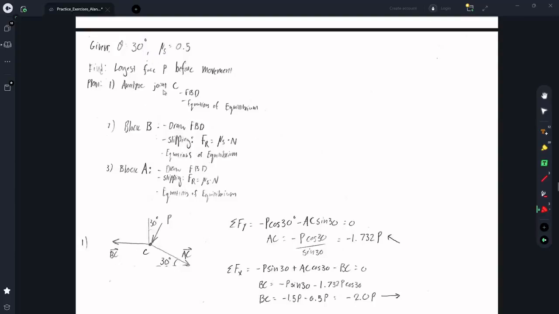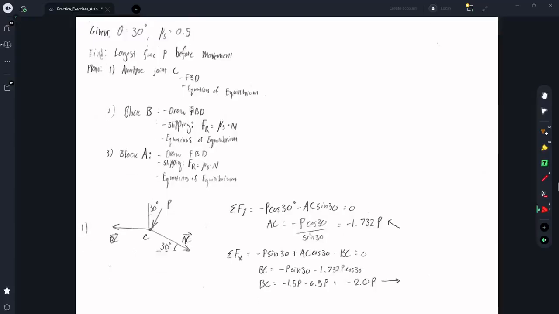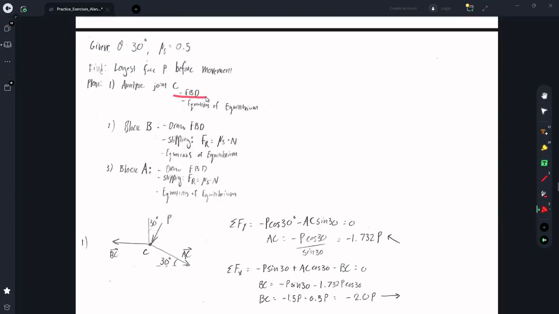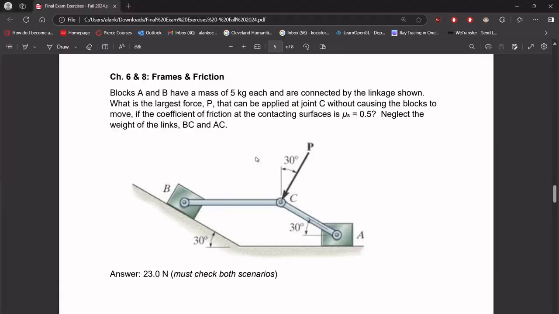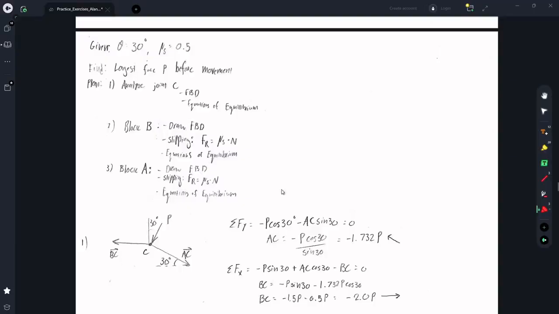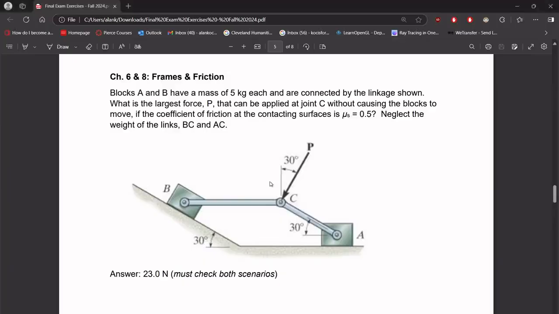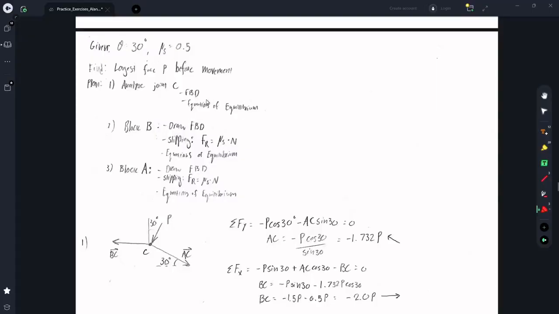First the plan is to analyze joint C at the middle, which is where the force acts, and the plan is to draw a free body diagram like always, and then we're going to use our equations of equilibrium to try to get these forces going into the blocks. Sorry, forces of the compressive elements going into the blocks.